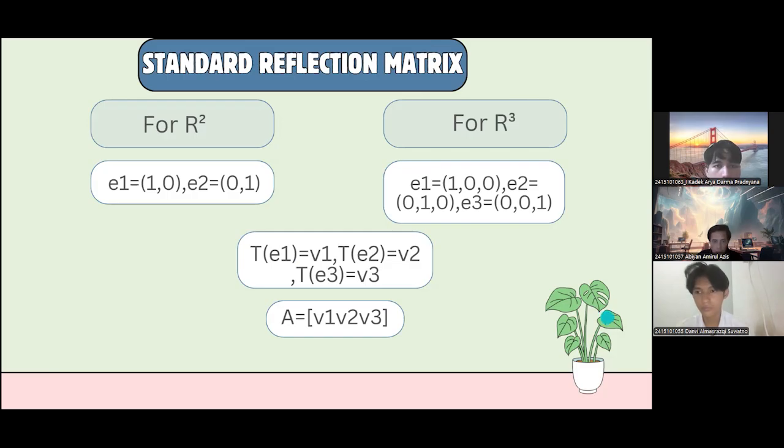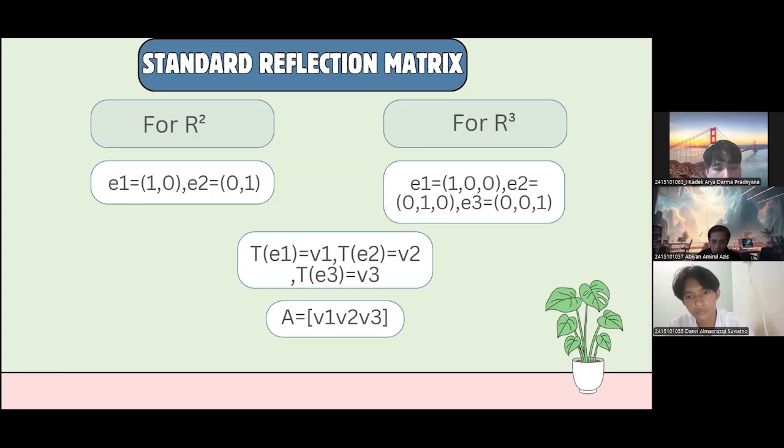And now we come to the standard reflection matrix for R2 and for R3. For R2, A1 equals (1, 0) and A2 equals (0, 1). And for R3, A1 equals (1, 0, 0), A2 equals (0, 1, 0), and A3 equals (0, 0, 1). From the first, calculate the image of each standard basis vector using the transformation rules.